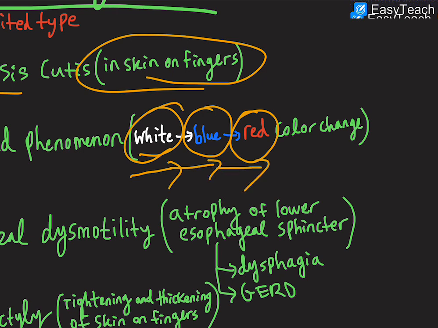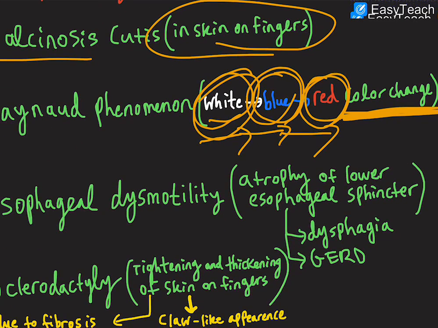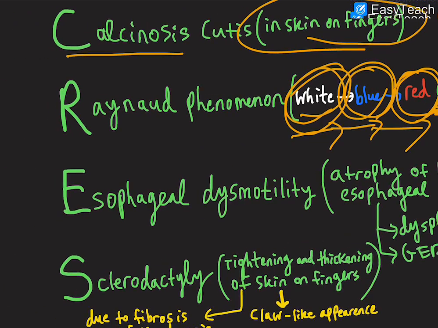White again due to low blood flow, eventually it leads to ischemia so you see a blue color, and eventually blood flow gets restored and you would see a red color. Three main events that we should be familiar with: the white, the blue, the red color change. All right, that's Raynaud phenomenon.